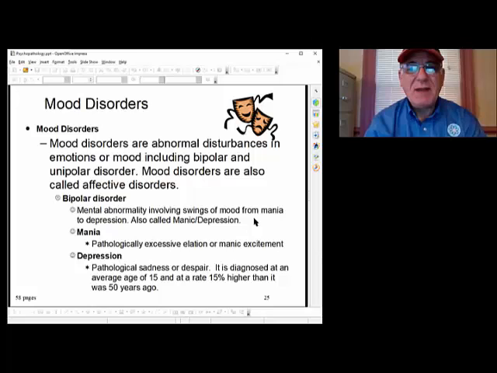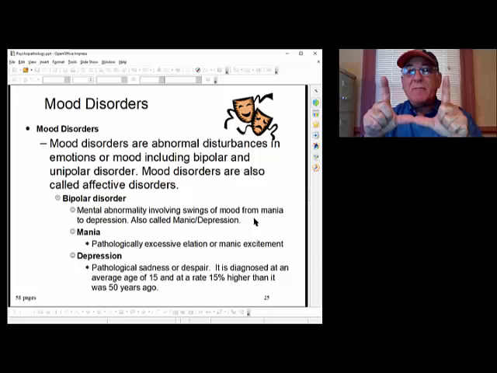Bipolar disorder is a mental abnormality involving swings of mood from mania to depression, so it's also called manic depressive disorder as well. Remember, at one point in one of my lectures, I told you that your happiness and depression level was sort of like a specific range. Some people have a smaller range, some people have a longer range, but they're being held together by a rubber band.